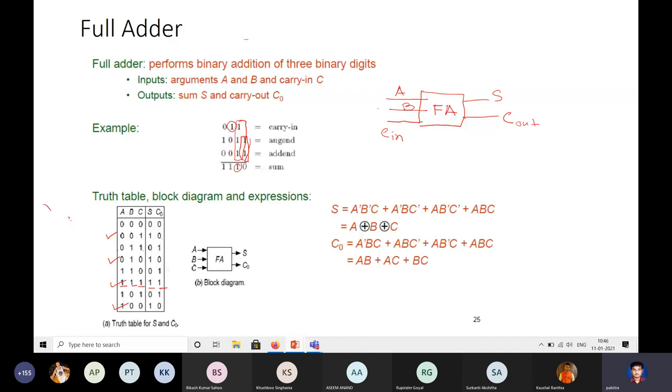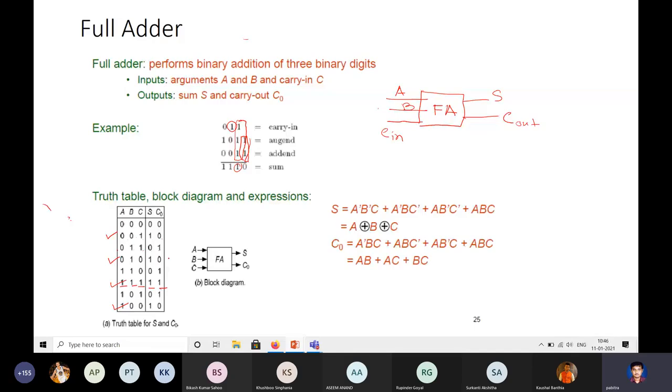If you do that, S would be A bar, B bar, C, plus A bar, B, C bar, and so on. So this is the logic.